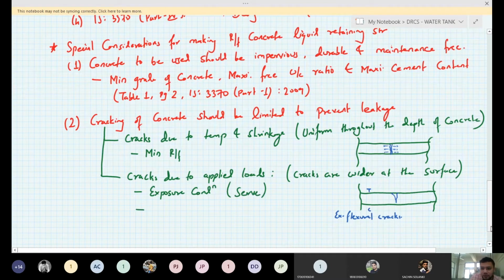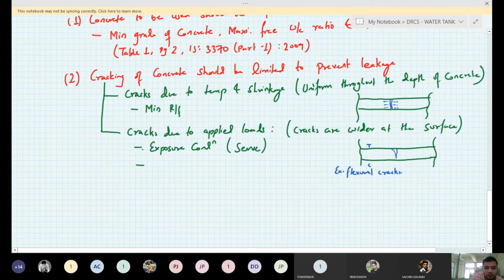Second thing, the code restricts the crack width up to 0.2 mm. So you have to ensure that the crack width is up to 0.2 mm only.